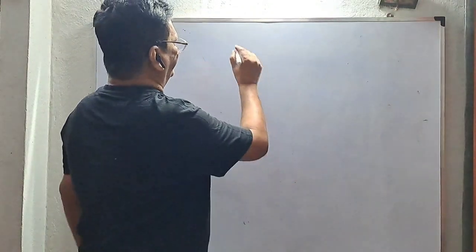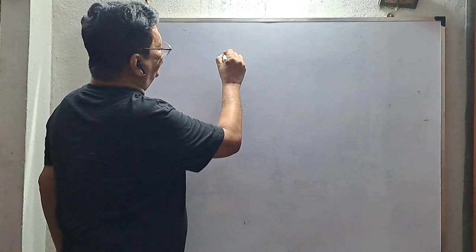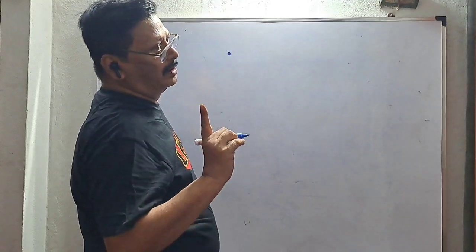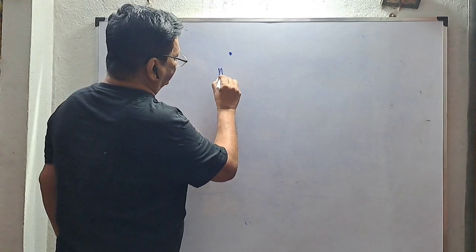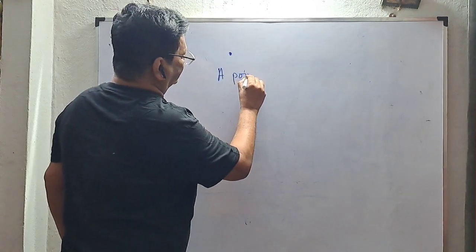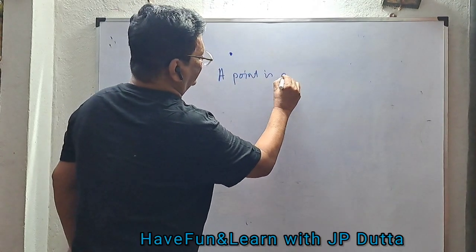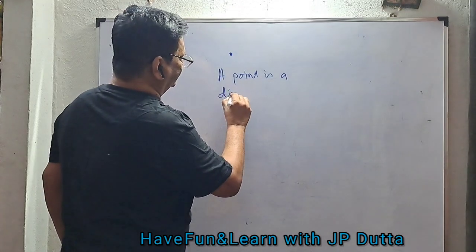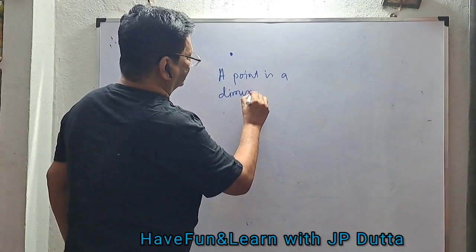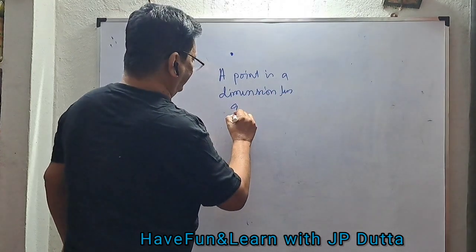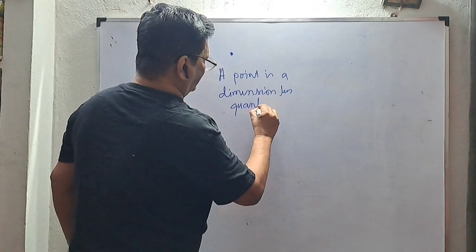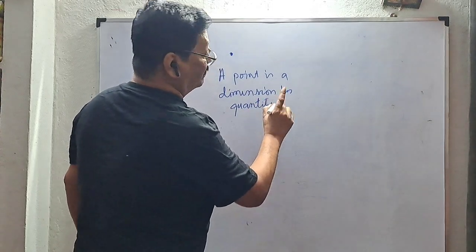First, what is a point? A point is a dot on the page or the board. A point is a dimensionless quantity. What do you mean by that?